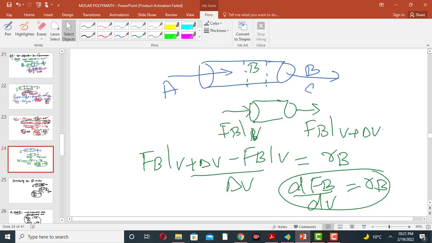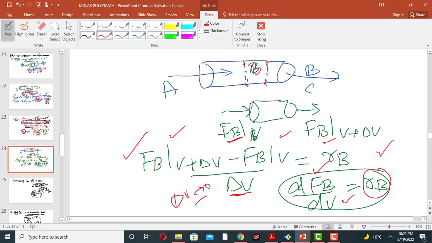Now apply the mole balance on component B, because B is also produced in this reactor. So apply a mole balance in the same way. This is the input minus output, and B is generated. So output minus input divided by delta V, and let delta V tend to 0, and dFB divided by dV is equal to RB.